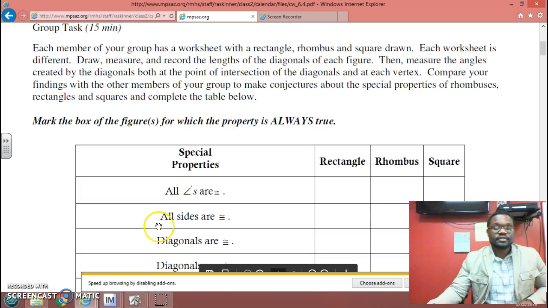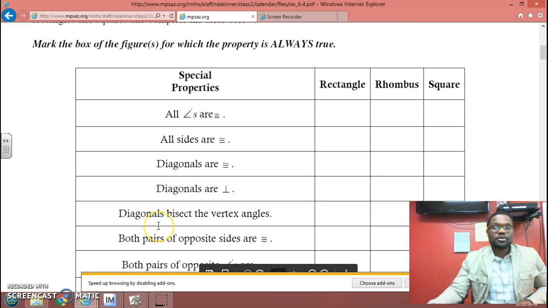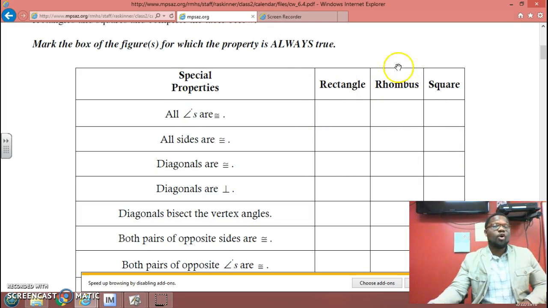All right. Now, I'm not going to be able to go through all this, but you can see where this is going. You have to check the box to see which one is always true. All angles are congruent. That will always be the same in a rectangle and a square. Not a rhombus. That's not true. All sides are congruent. Well, that's going to be a rhombus and a square all the time. All diagonals are congruent. That's a rectangle and a square.